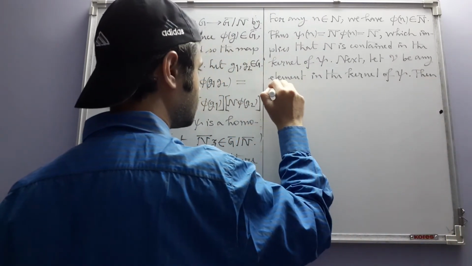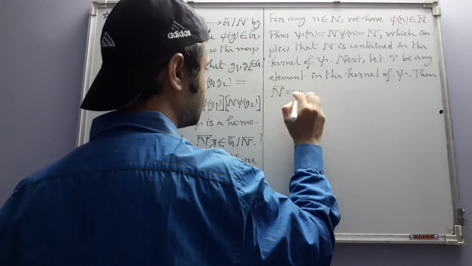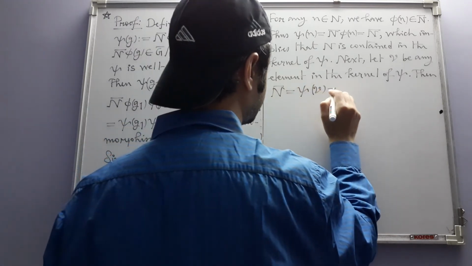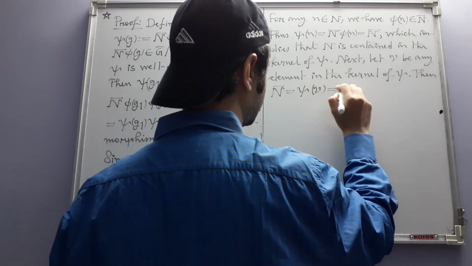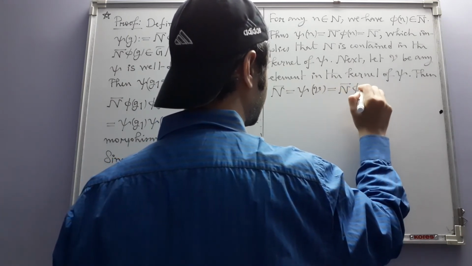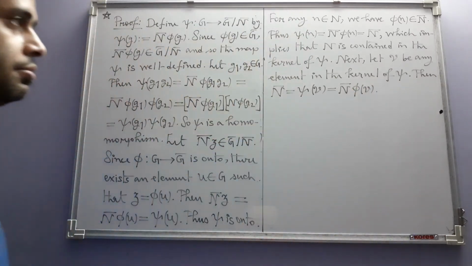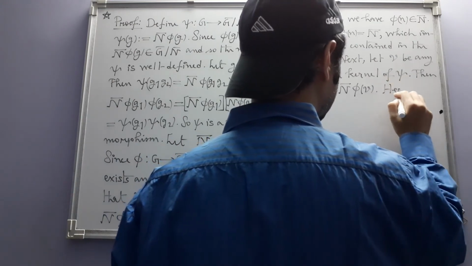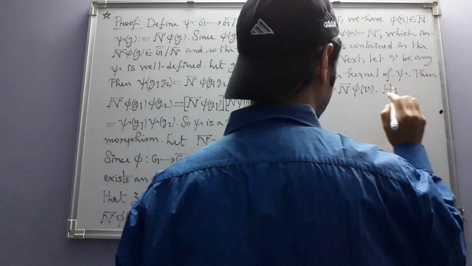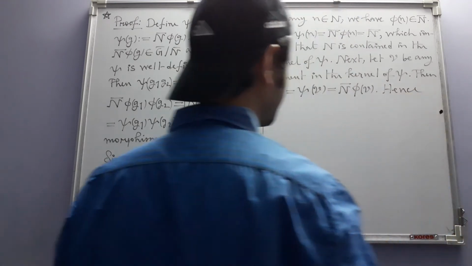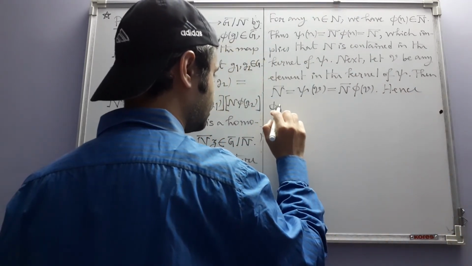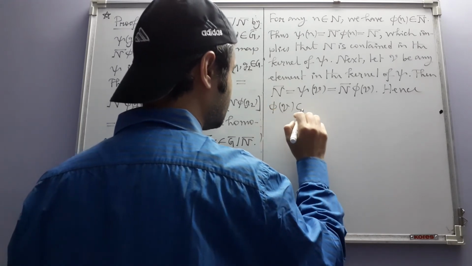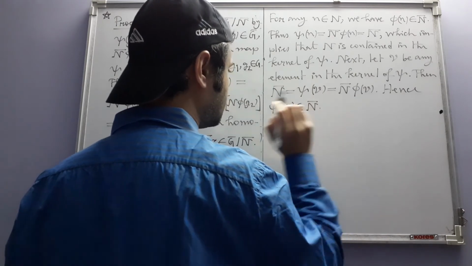Then N bar is equal to psi of nu because it belongs to the kernel, but by definition this is equal to N bar phi of nu. Hence, since N bar is a normal subgroup of G bar but nonetheless a subgroup, we have the fact that phi of nu belongs to N bar.